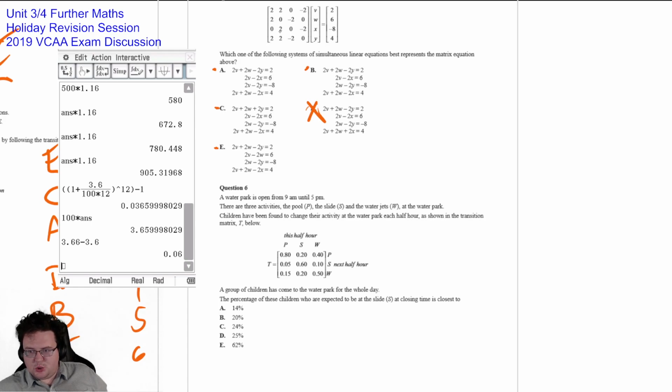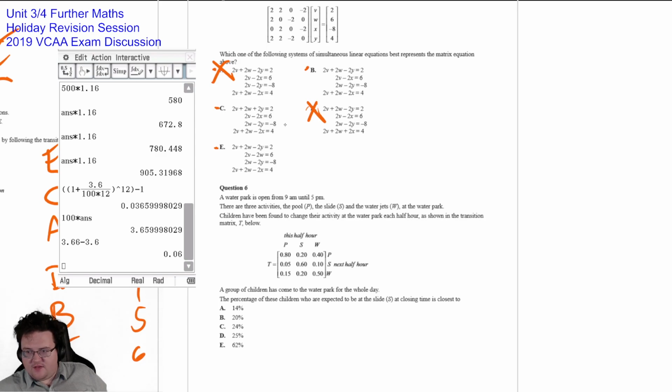0v plus 2w. So if any of these have got a 0v in that third row, it can't be that. 0v plus 2w. Yep. Plus 2x minus 2y.